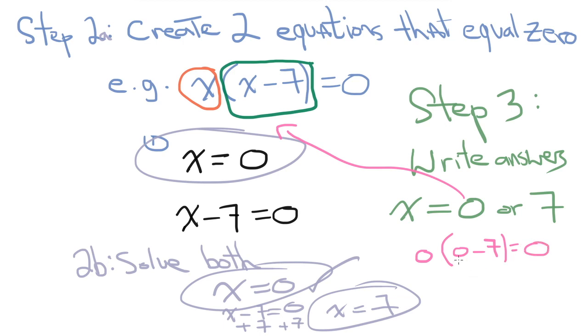Is that true? 0 times this would be 0, so 0 would equal 0. Yes, it is true. It also says this, so it could be 7, right? 7 times 7 minus 7 also equals 0. Is that true? Well, 7 times this 0 is also 0. Yes, it is also true. They're both true. How cool is that?